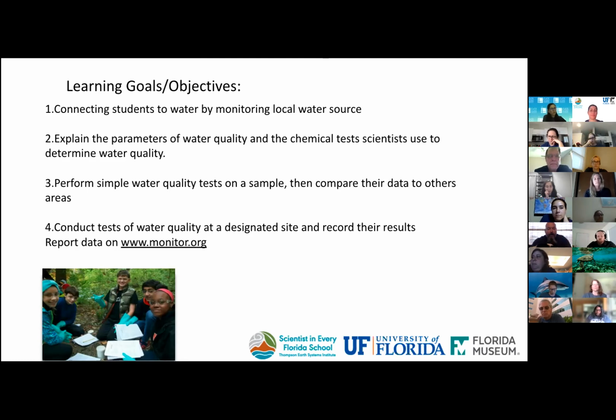Conduct tests of water quality at a designated site and record their results, and report data on monitor.org, which collects data input from all around the globe, which makes it really easy for these kids to collect samples from a local source and then compare those readings to other data from around the world.